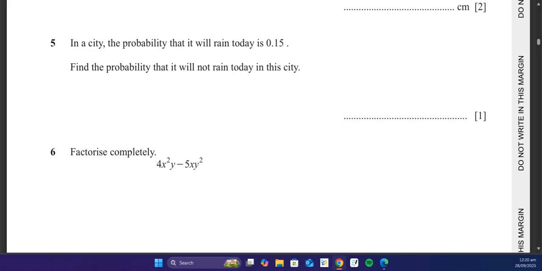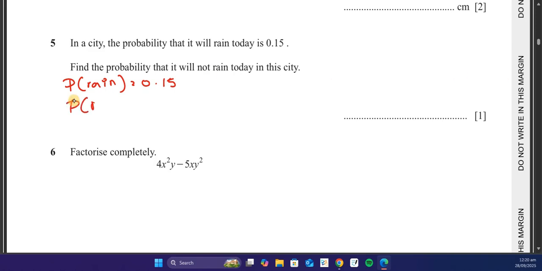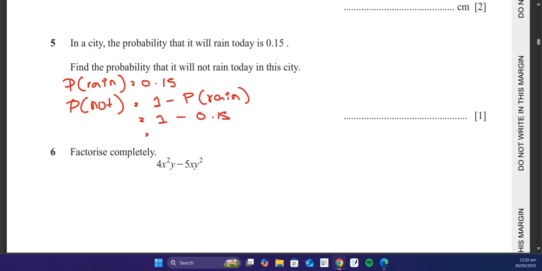So the probability of not rain, as you all know, would be 1 minus the probability of rain. That would just mean 1 minus 0.15, and that should give us 0.85.